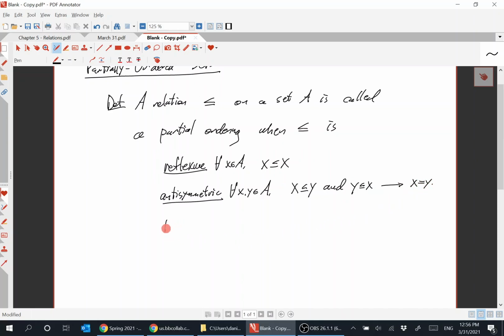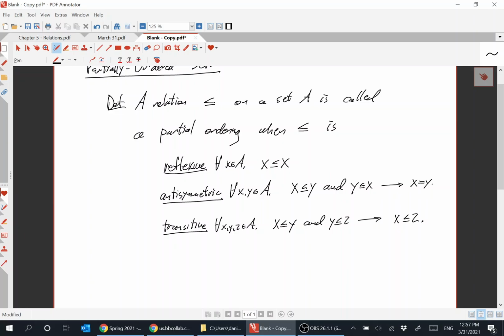And transitive: for every x, y, and z in A, x less than or equal to y and y less than or equal to z implies x is less than or equal to z. Okay, so a partial order is reflexive, antisymmetric, and transitive.